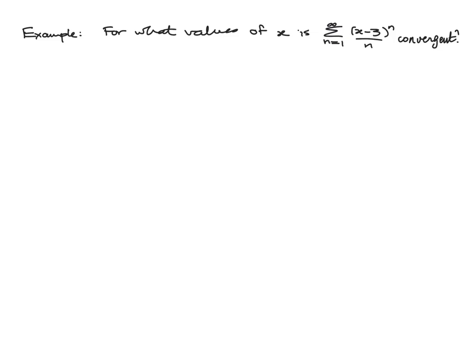So what I'm going to do is this. I'm going to consider the limit as n goes to infinity of the absolute value of a_(n+1) over a_n, which, if you don't want to write this specific thing and just start really over here with the terms written in the limit, that's okay.